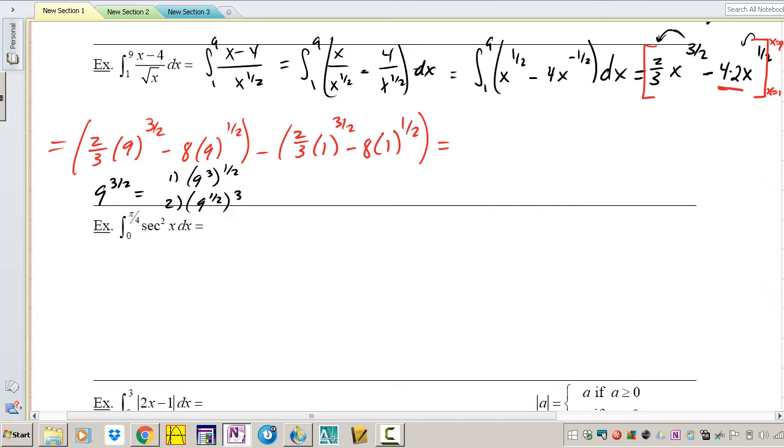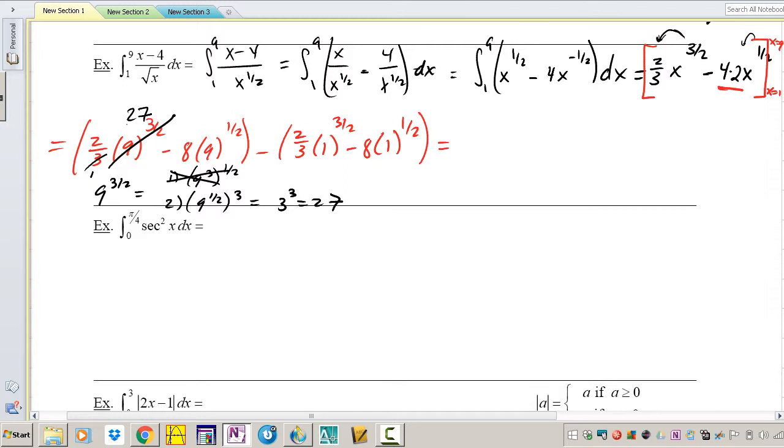A lot of times option number 1 is not going to be the easiest, because what is 9 cubed? And what is the square root of that? I don't know. But I can take the square root of 9 first, which is 3, and then cube it, which is 27. So this is really just 27 times 2/3.